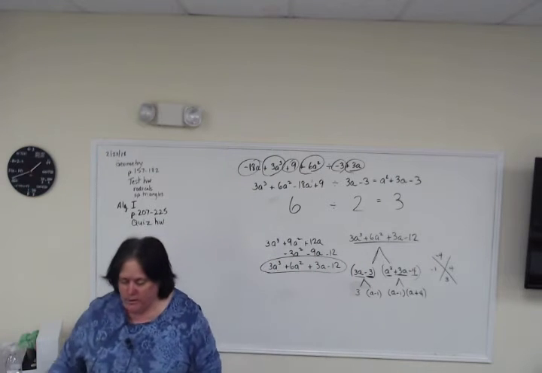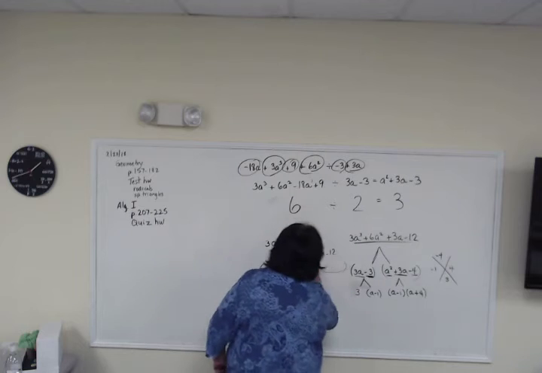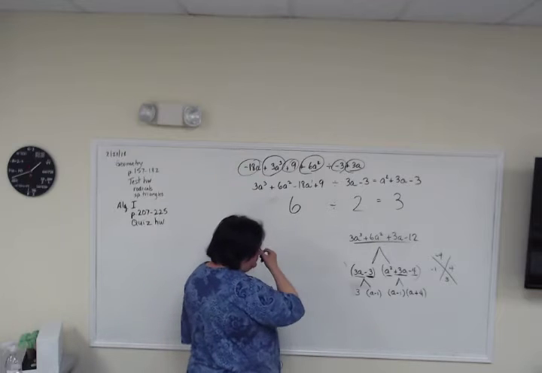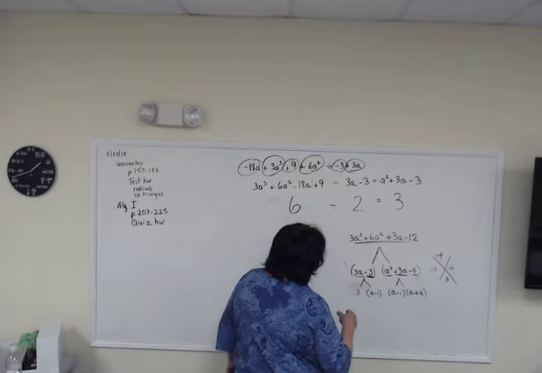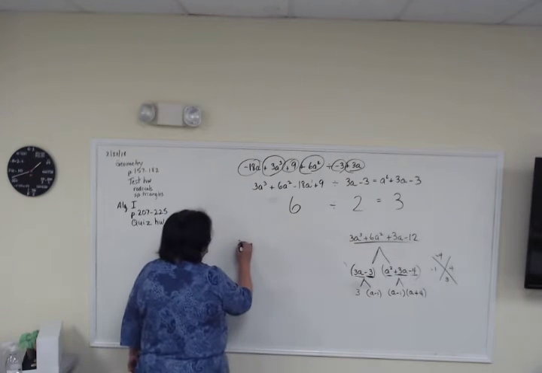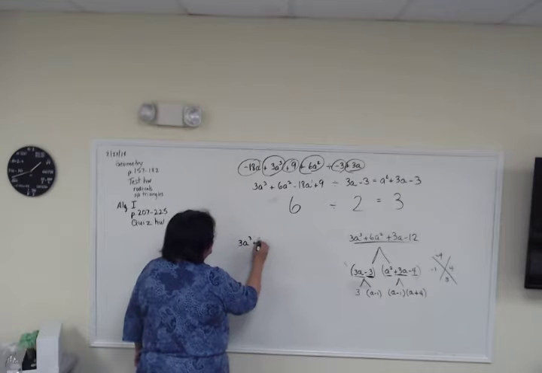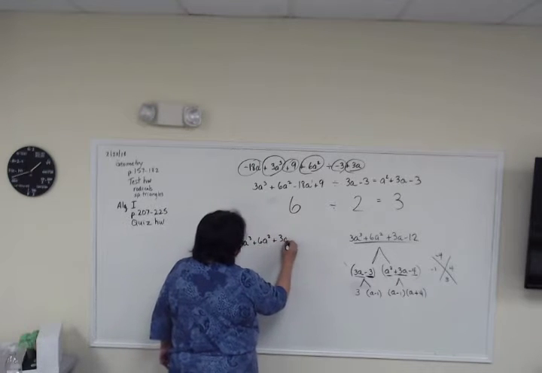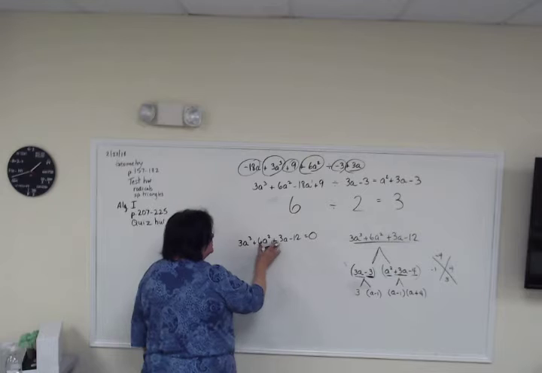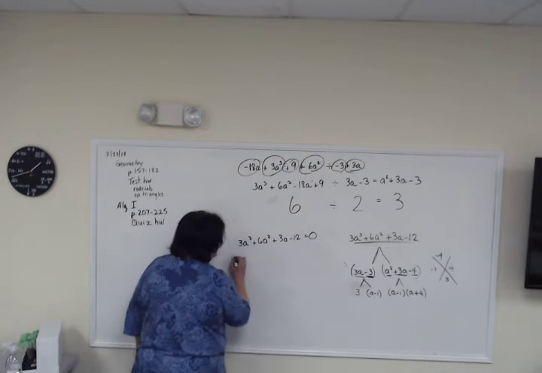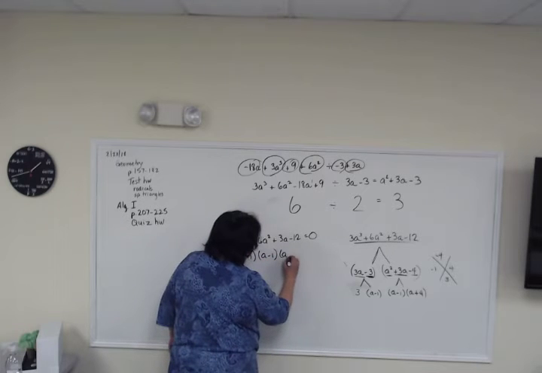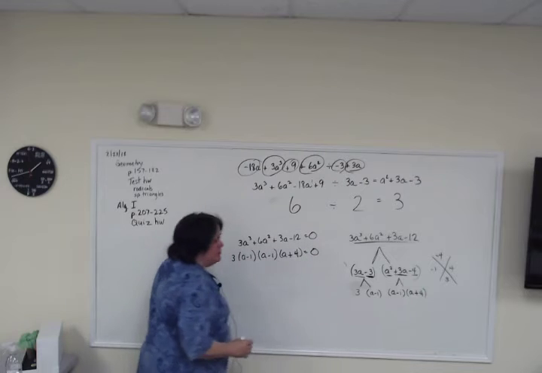Okay, so now suppose I had, what is this going to be? Let's just suppose that that equals that, so I don't have to go back and do it. So if we had 3a cubed plus 6a squared plus 3a minus 12 equals 0, we would know, pretend, that this breaks down to 3 times a minus 1 times a minus 1 times a plus 4 equals 0, right?